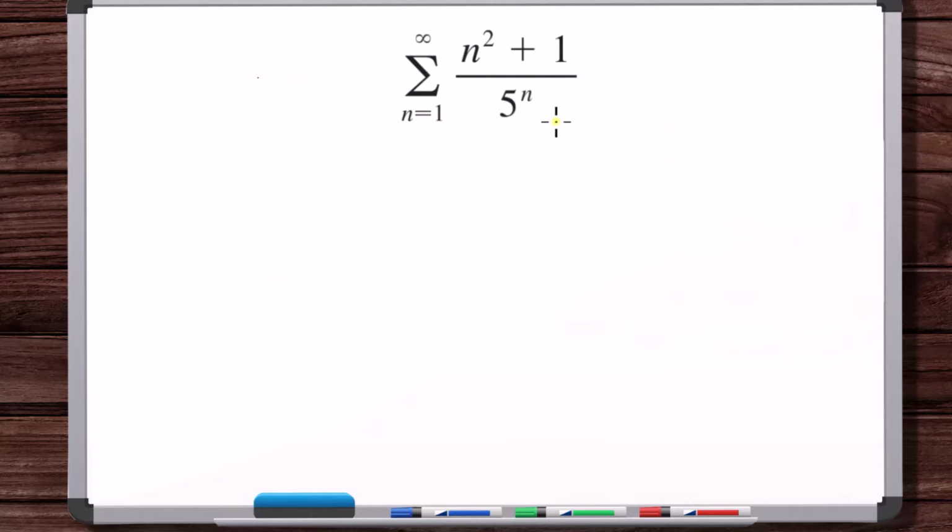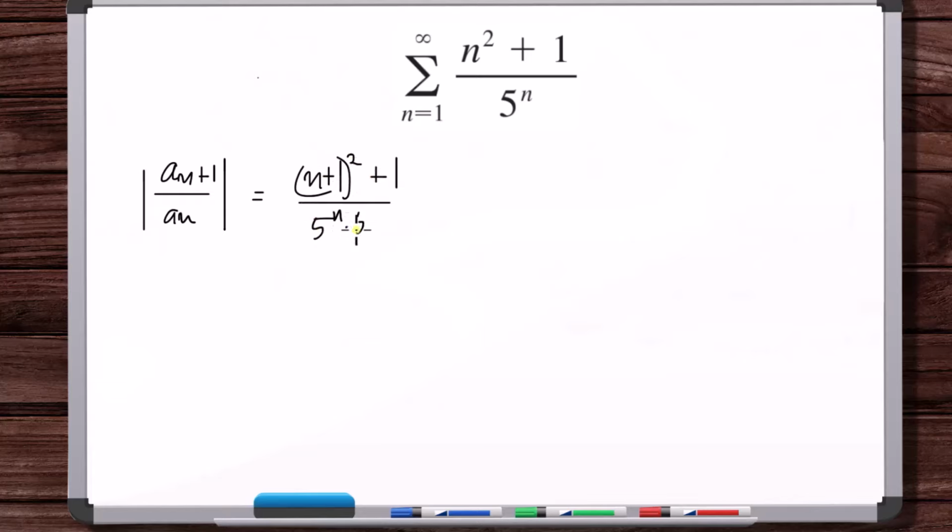Okay, so I want to try the ratio test here. This is not a rational function or anything, and you could think about a comparison test, but that seems kind of tricky in this case. So let's see what happens with the ratio test. This is always positive, so all right. n plus 1 squared plus 1 over 5 to the n times 5 to the first, and then n squared plus 1.